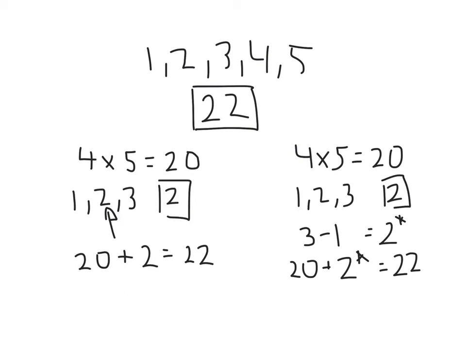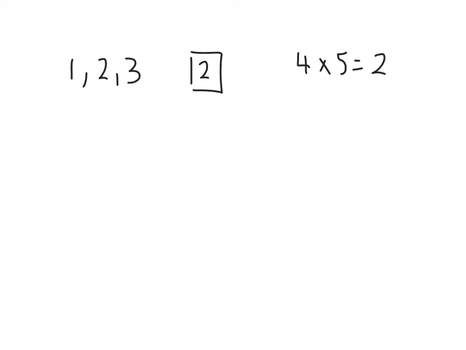So remember, you've got the numbers 1, 2 and 3, and you're trying to make 2 because you've already used your 4 and you've multiplied it by the 5 to make 20. Okay, so one way that we talked about making 2 is just using the 2 that you have. A second way that we did it is we did 3 minus 1, which gave you 2.